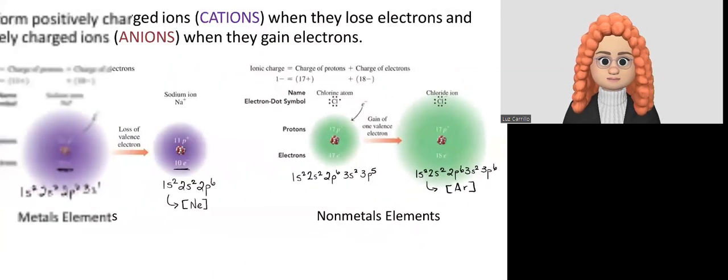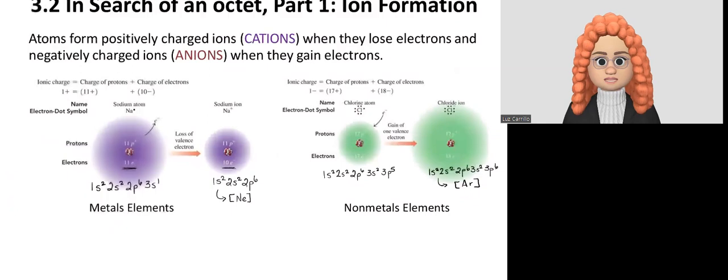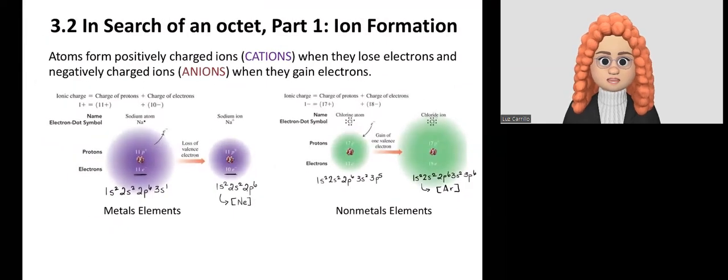Now, one more thing I should say is that it's not that the elements want to be specifically neon or argon. It could be any of the noble gases present in the periodic table. Those atoms are going to give away electrons in the case of metals, or gain electrons in the case of nonmetals, in order to form these charged species.